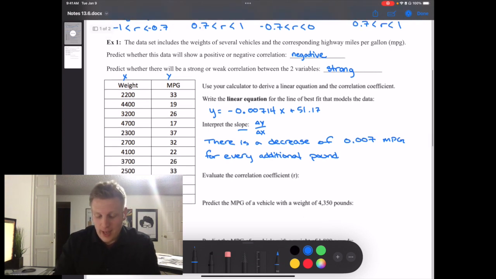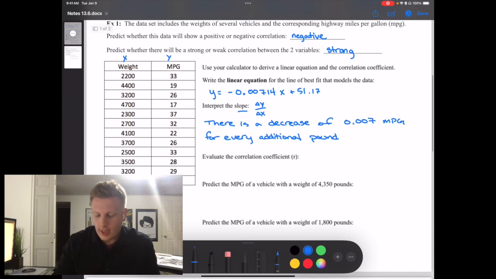Okay, the next part, it says evaluate our correlation coefficient. In parentheses here, it reminds us that that is that wonderful R value. Looking back at my calculator, I see that R, and let's just note this, R equals negative 0.97.